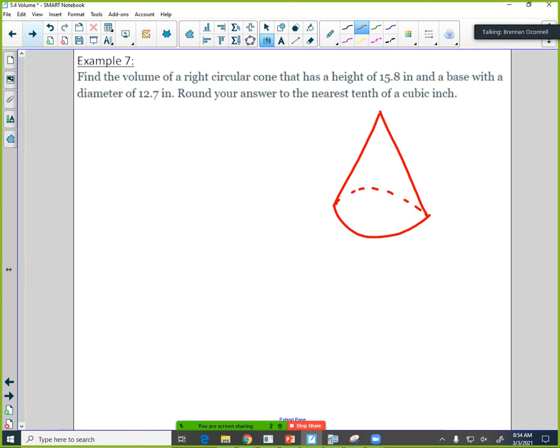So it says we have a height of 15.8. But this time it didn't give us a radius, it gave us a diameter, which is all the way across, of 12.7 inches.